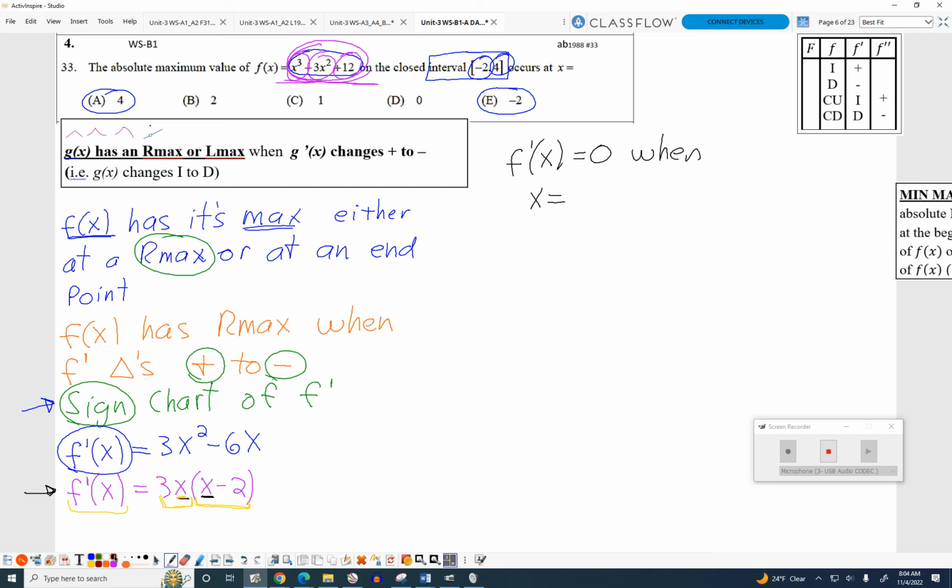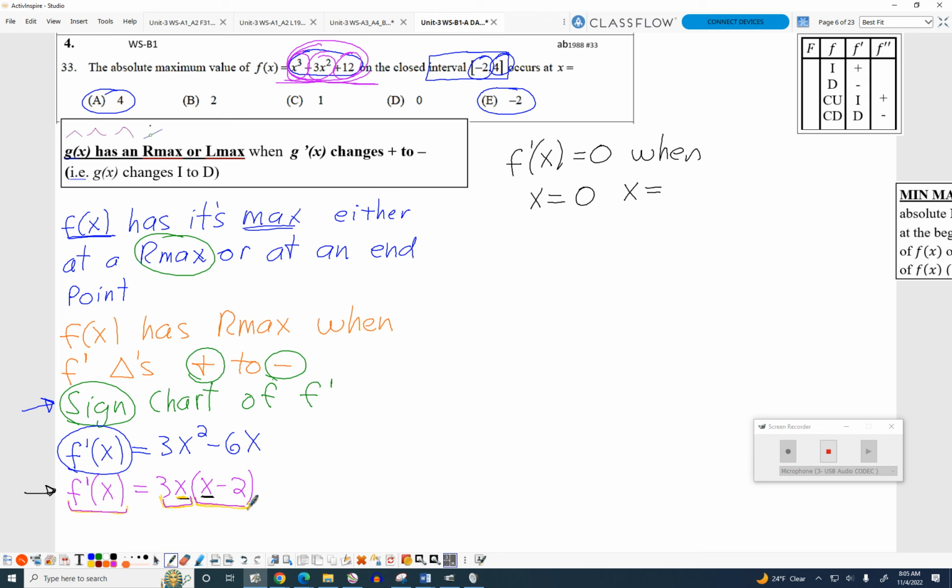So x equals 0. Let's go to Claire. Is there any other x, Claire, that when plugged into this f prime formula will give us an f prime value of 0? Because now, if I put a 2 in for both x's, this is 6, but I don't really care.